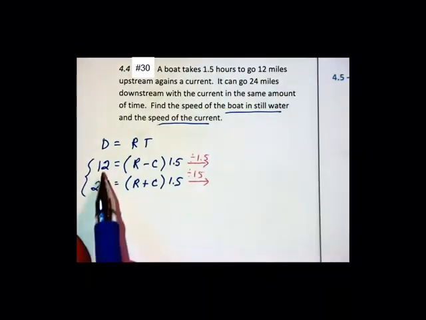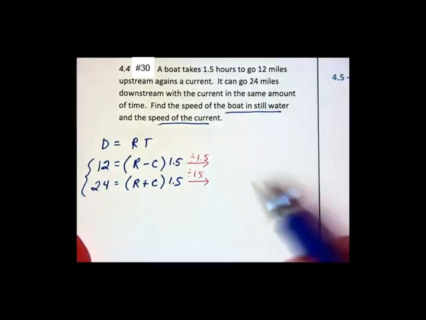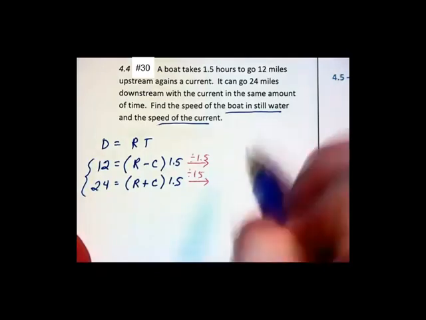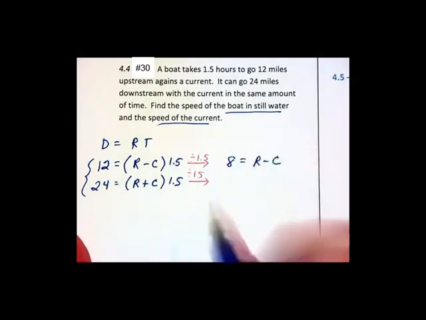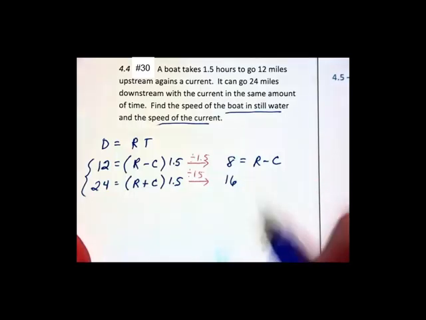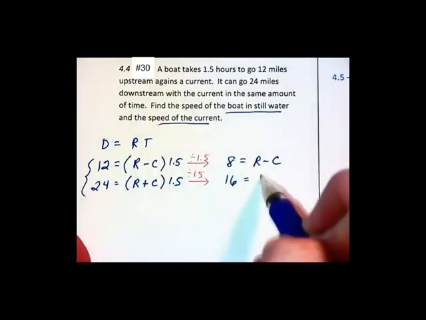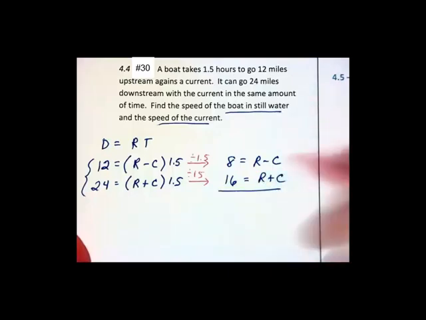12 divided by 1.5 is, we're dividing by 3/2, multiplying by 2/3, gives us 8. We're going to have 8 equals R minus C, and the second one is going to be 16 when you divide by 1.5, equal to R plus C. Now we've got a nice easy system to solve.